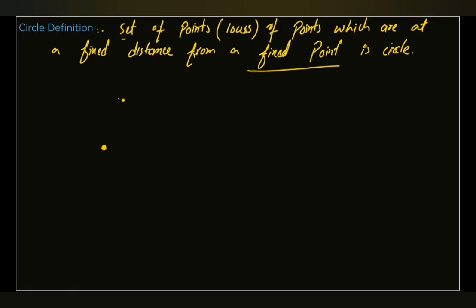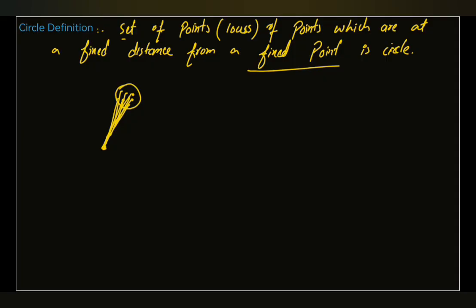Let's suppose these are a set of points. If we take the distance from this fixed point, these distances are different from all other distances. So we cannot take such points here as a locus.